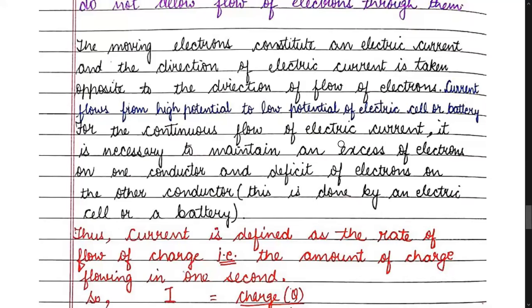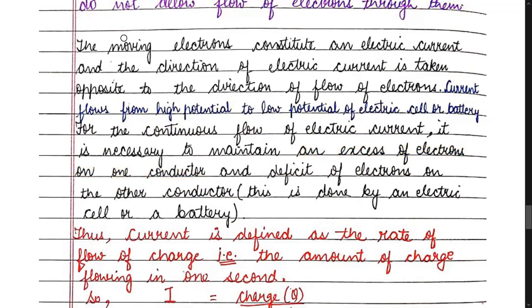And for the continuous flow of electric current, it is necessary to maintain an excess of electrons on one conductor. On one conductor, there should be more electrons and a deficit of electrons on the other conductor. Only then the electrons will flow and hence the electric current will flow continuously.